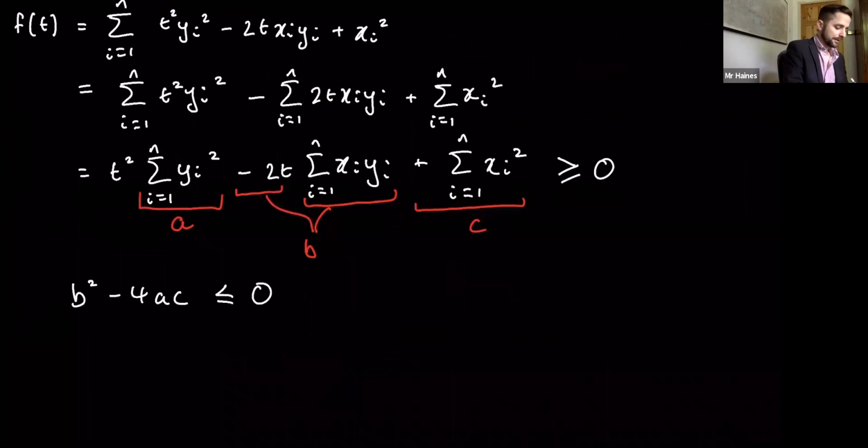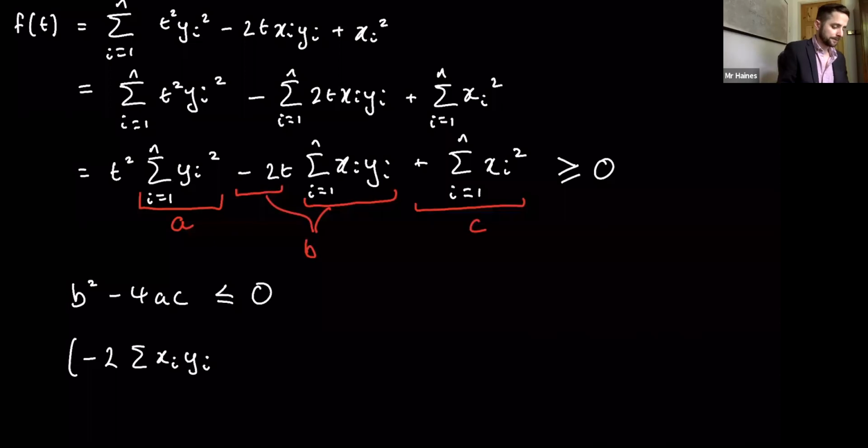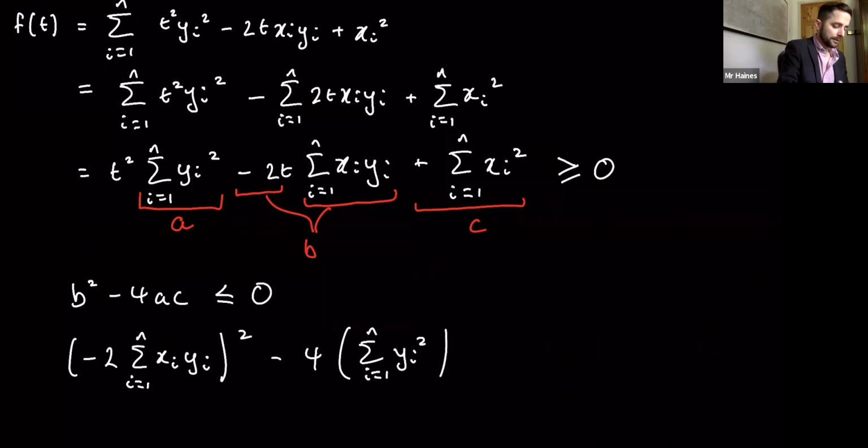Well, b squared would be minus 2 times the sum of the xi yi from 1 to n, squared, and minus 4 times a, that's the sum of the yi squared, and c, that's the sum of the xi squared. That's smaller than or equal to 0.